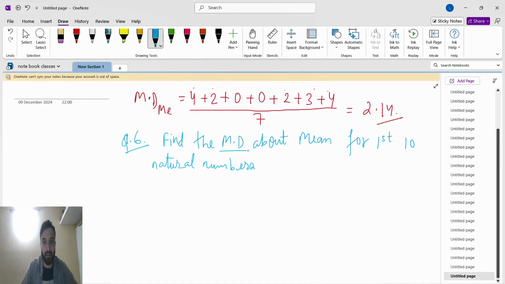Okay, find the mean deviation about mean. Guys, what we have to do is find the mean deviation about mean for the first 10 natural numbers.